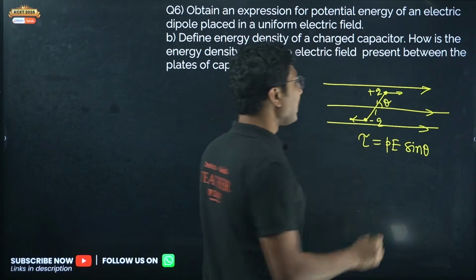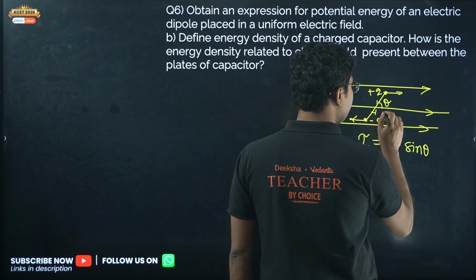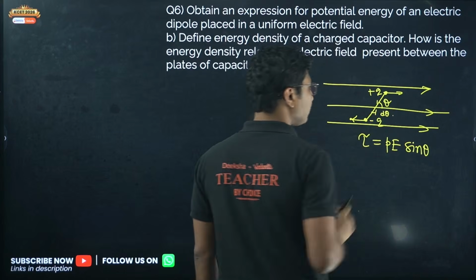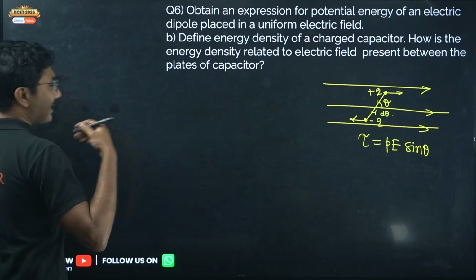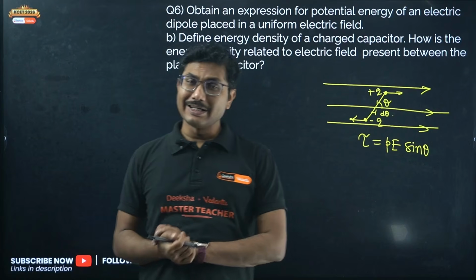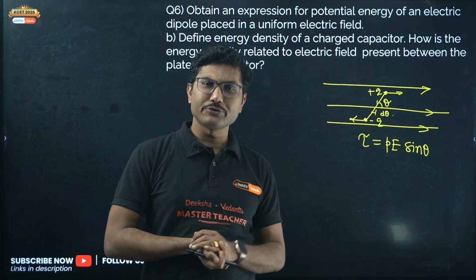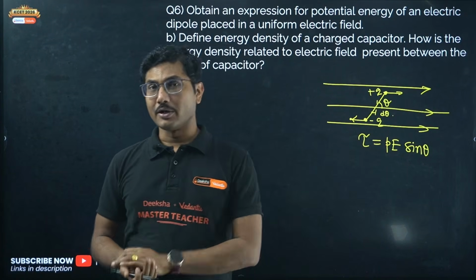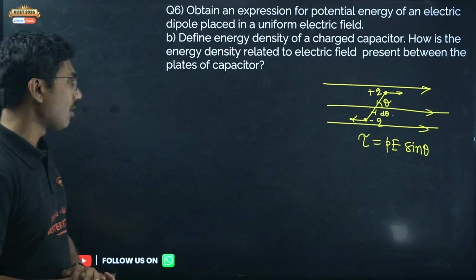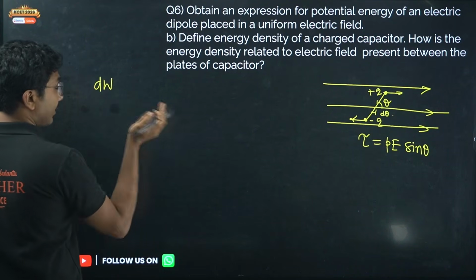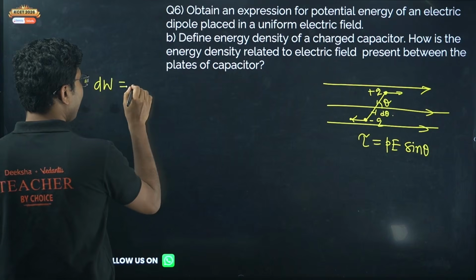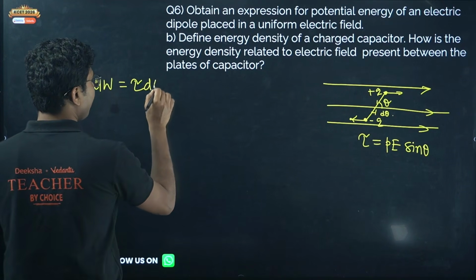And if you rotate it by a very small angle, say delta theta or d theta, then how much work do you have to do? To rotate it by a small angle, again, in linear motion, work done is given by force into displacement. In rotational motion, work done is given by torque into displacement. So work done to rotate the dipole by a small angle is given by torque into d theta.